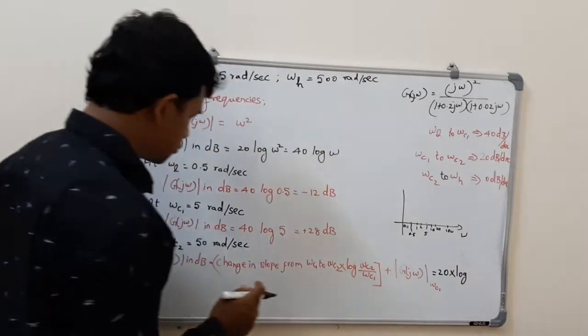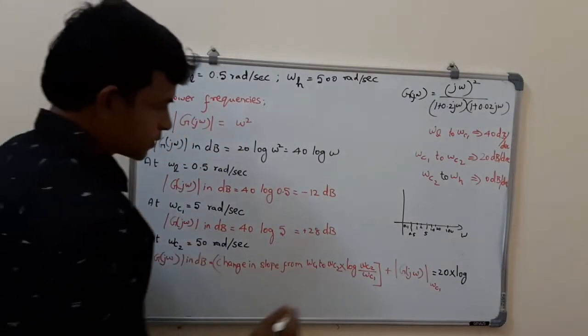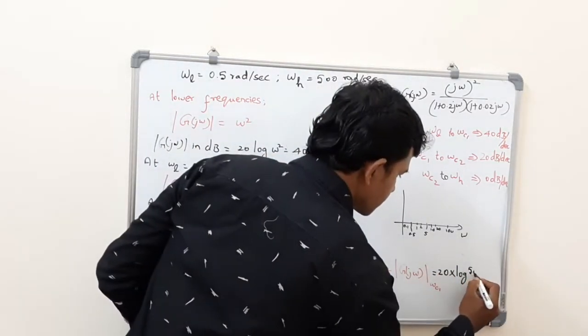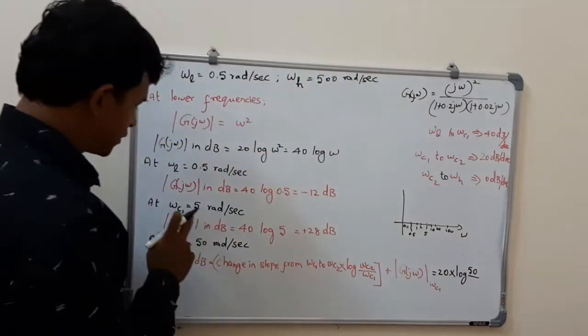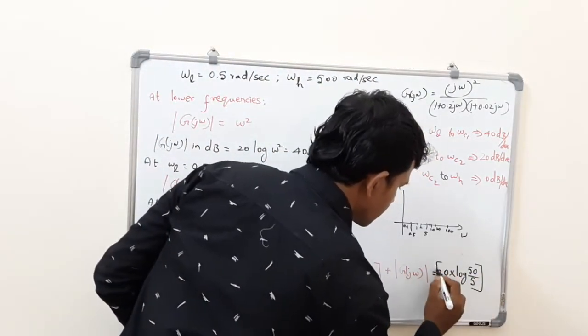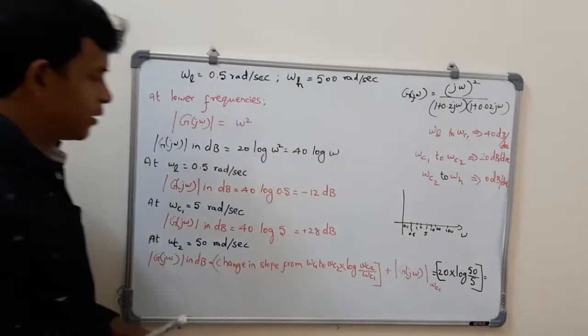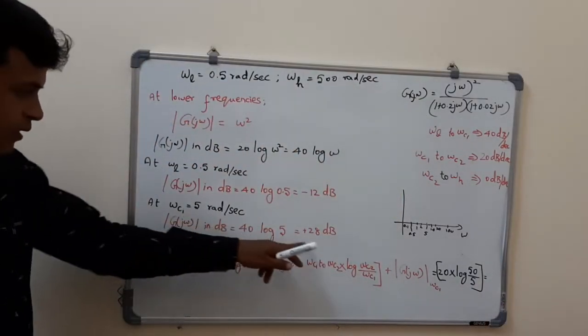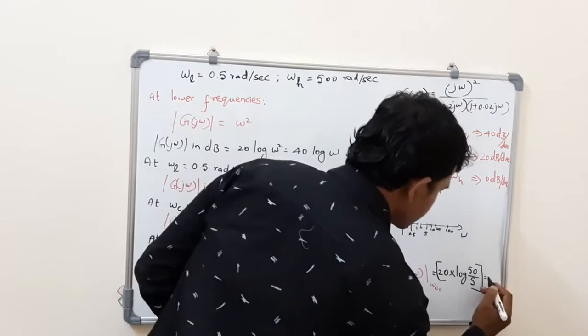Omega C2 is 50 radians per second divided by omega C1, which is 5 radians per second, plus the magnitude at 5 radians per second, which is 28 dB.